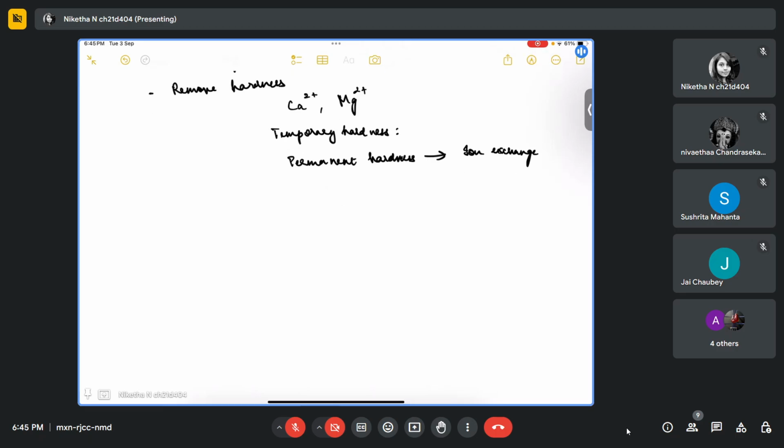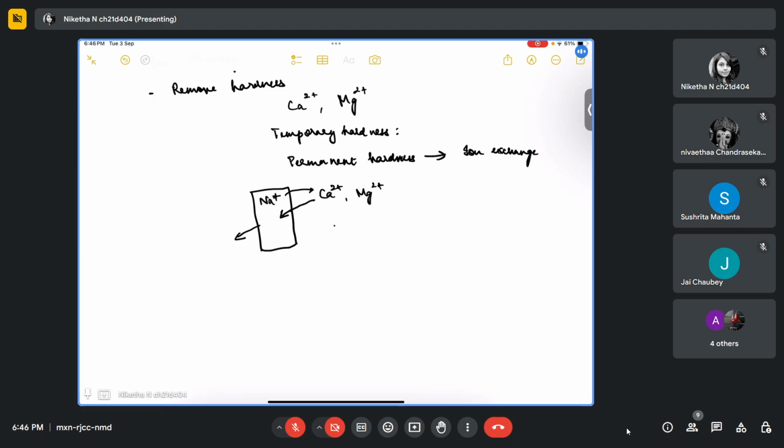In ion exchange, you have a resin made up of sodium, so you have Na+ ions in it. When we make water containing calcium and magnesium salts flow through this resin, the sodium will replace the calcium.